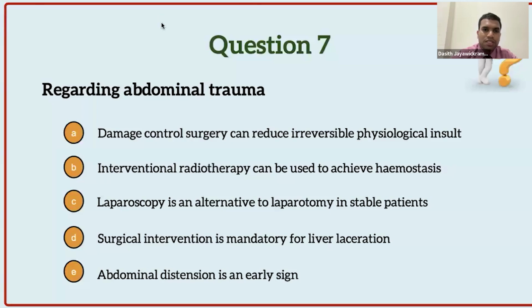Now, this is a little tricky, a little advanced for you. The normal concept is that laparoscopy is not for trauma, but that is not true. There is a chance for laparoscopy in trauma patients, in a certain context.